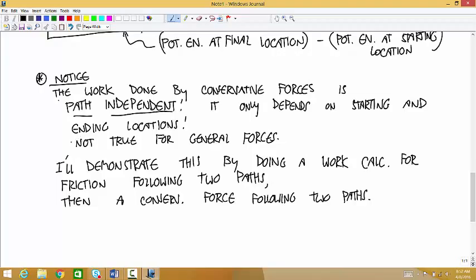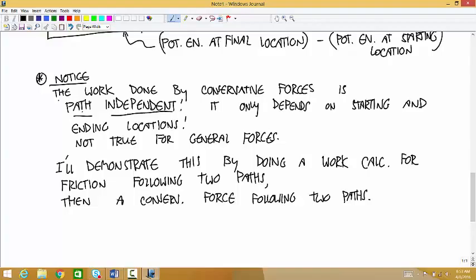For friction, I'm going to have an object start at a location and end at a location. Those starting and end points are going to be the same in both cases. But in between, the object's going to take different paths. What do you expect for the work done by friction for those two different paths?